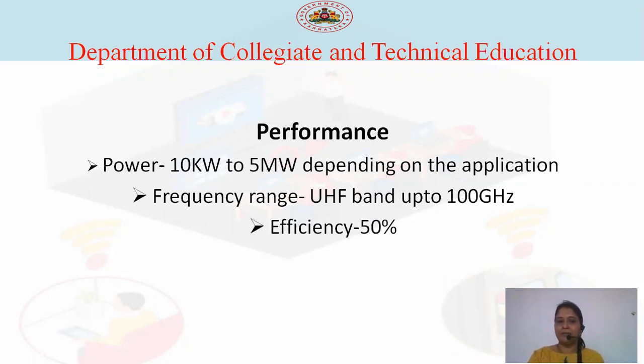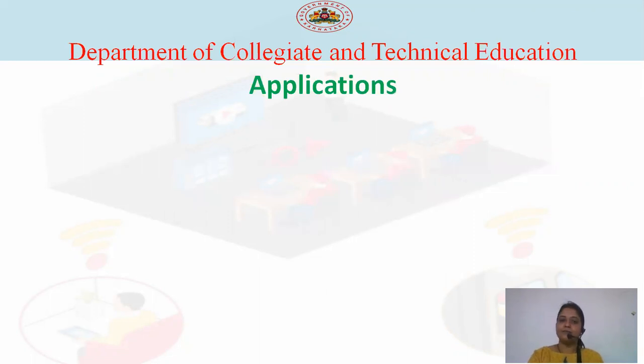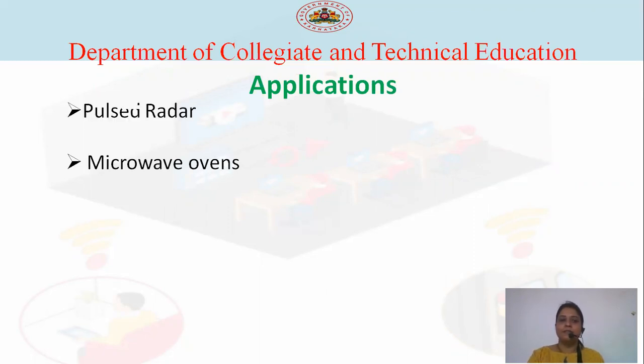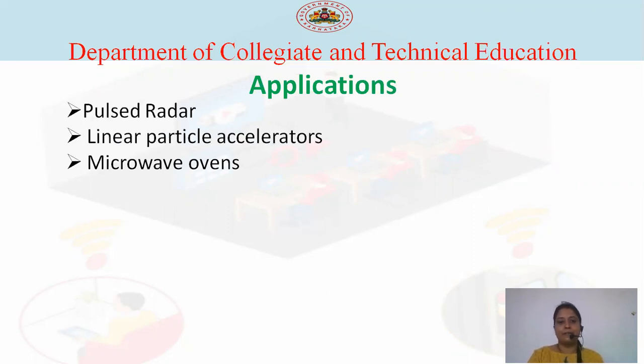Efficiency is 50%, and the duty cycle is usually up to 0.1%. Applications: these magnetron oscillators are used in microwave ovens, in pulsed radar systems, and also in linear particle accelerators. These are some of the applications of the magnetron.